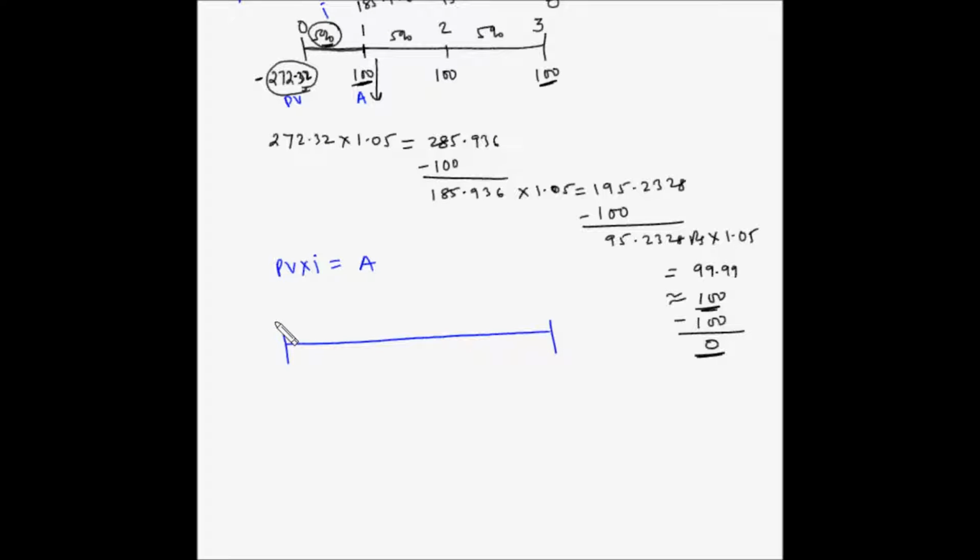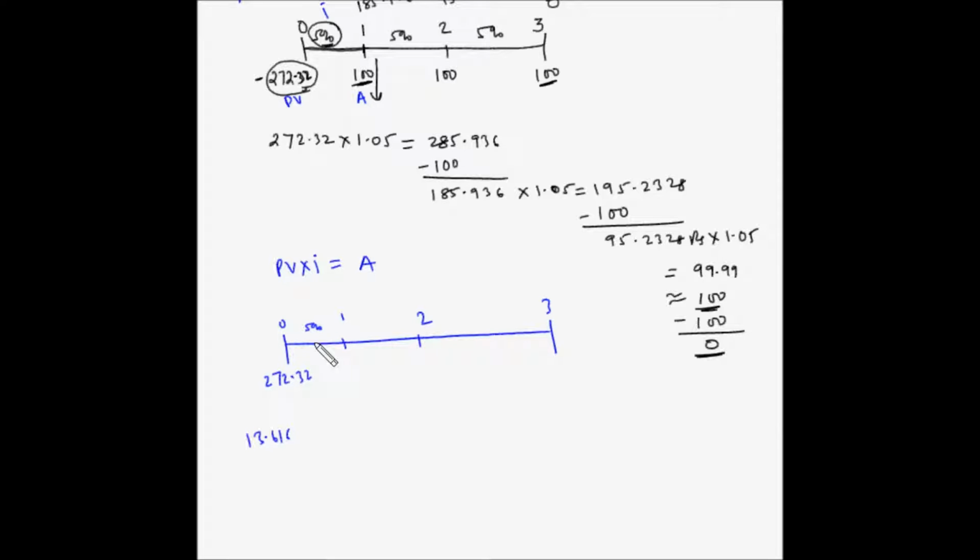if I draw a time scale 0, 1, 2, 3, 272.32, and if this is 5%, so basically 5% of 272.32, let's say, is 13.616.